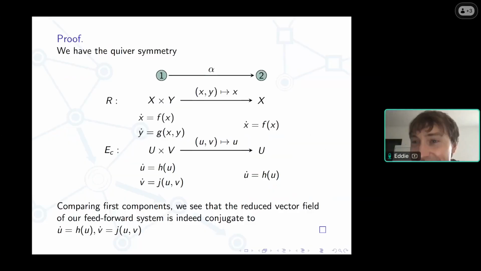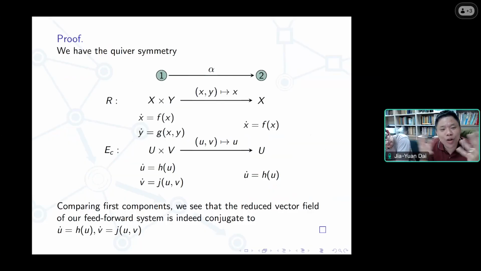I am curious whether this quiver symmetry can be applied to such a setting. Recently, Alejandro and I applied this technique together with a classical bifurcation. We call this a hybrid bifurcation.